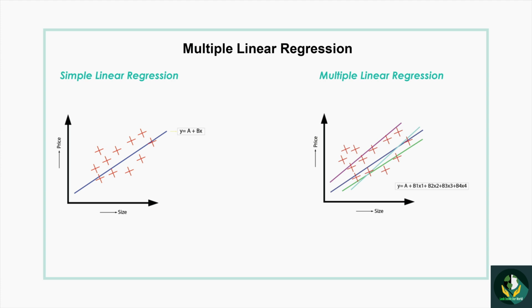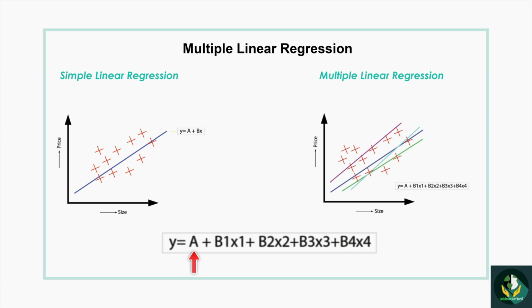The mathematical illustration of multiple linear regression is y = a + b1x1 + b2x2 + b3x3 + b4x4, where a is the y-intercept and b1 is the slope of the line that represents the relationship between the output and the first independent variable x1. b1 indicates that if we increase the value of x1 by 1 unit, then b1 tells us how much the output value will be affected.